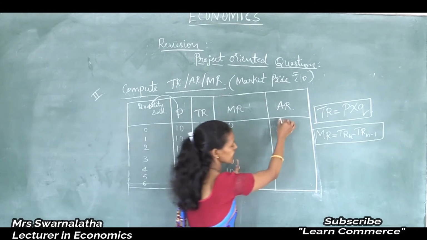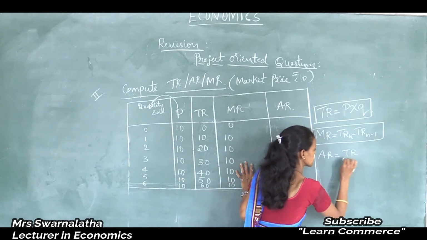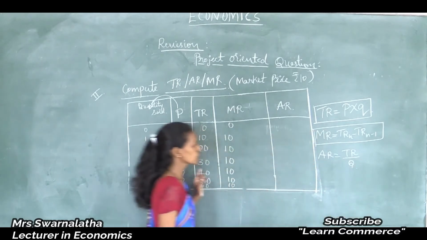Next is finding the average revenue. AR is equal to TR, total revenue, divided by Q. Q means quantity.